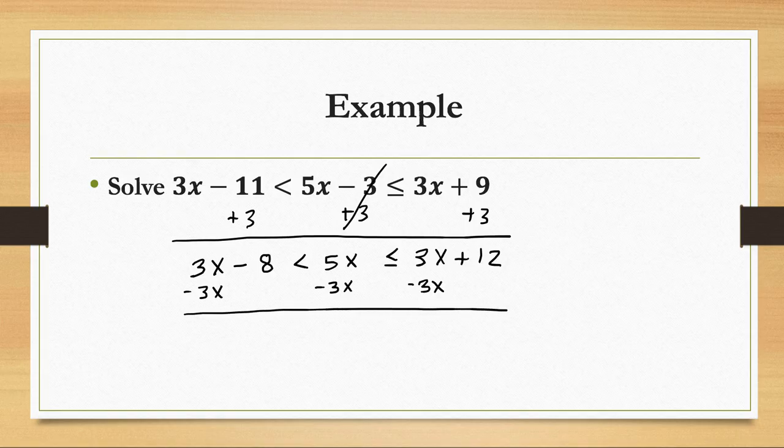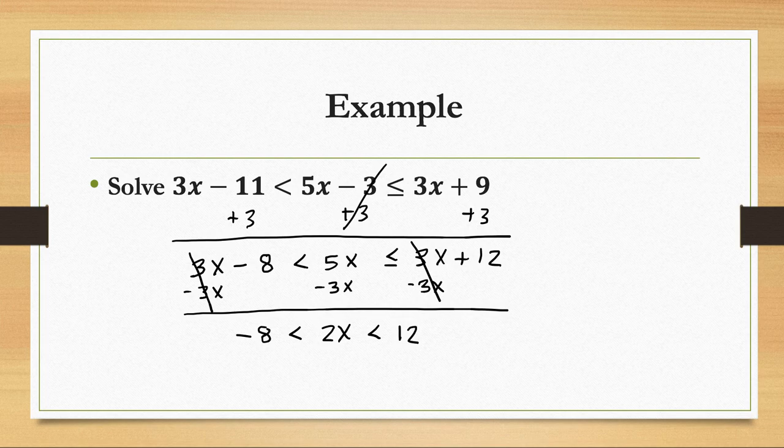So what I see happening when I do that is that the 3x minus the 3x goes away over here, leaving me just negative 8. In the middle, 5x minus 3x is 2x. And again, the 3x's cancel on the right, leaving me just 12.